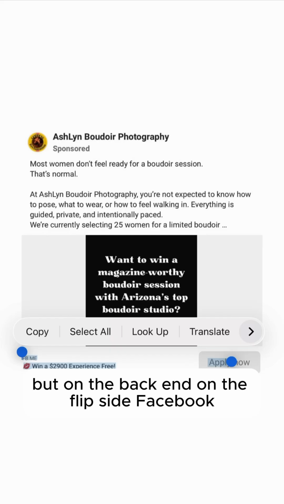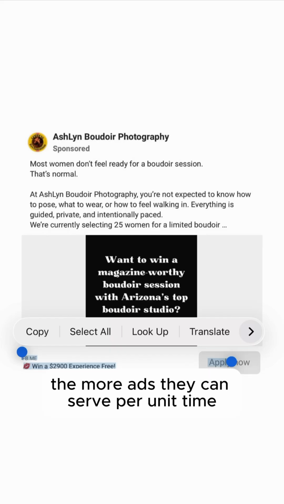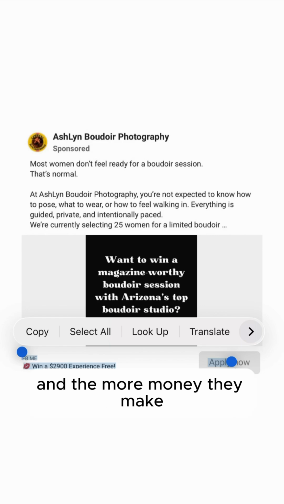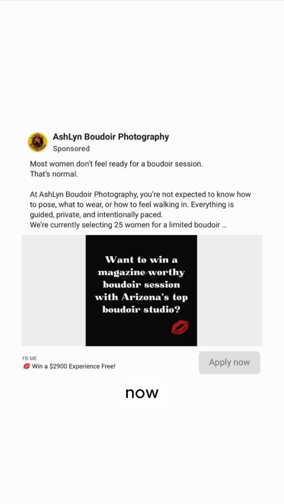But on the flip side, the more women that scroll by our ads without interacting, the more ads Facebook can serve per unit time and the more money they make. So we never want to follow anything Facebook recommends us to do, because they're recommending it because it's best for Facebook.